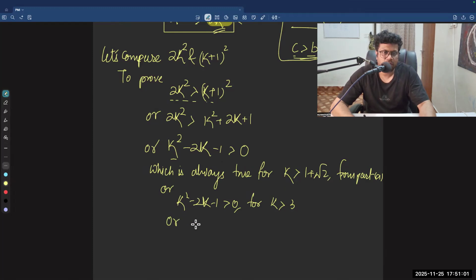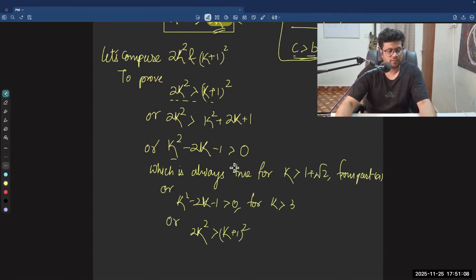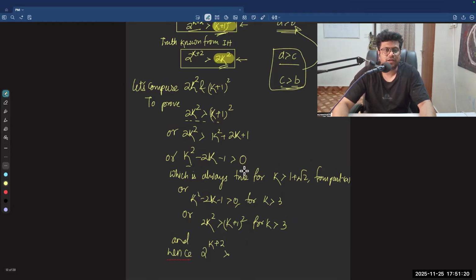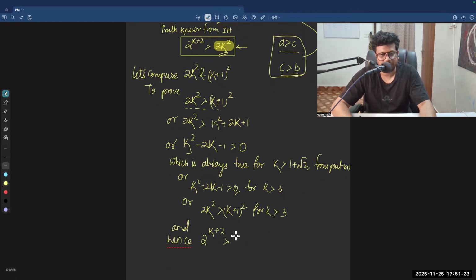Or 2k square is greater than k plus 1 whole square for k greater than 3. And that is how you come to a conclusion. And hence, 2 to the power of k plus 2 is greater than k plus 1 whole square for k greater than 3.